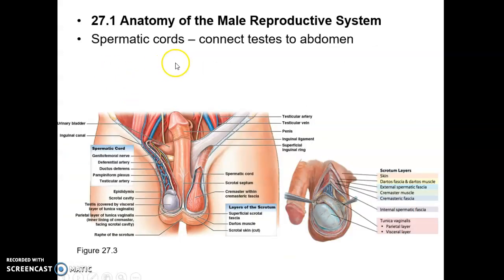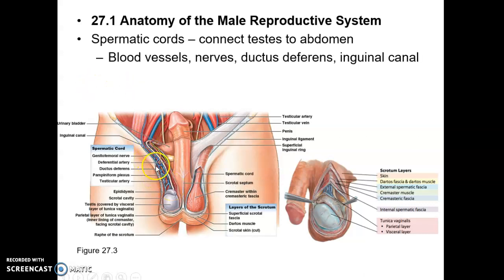The spermatic cords connect the testes to the abdominal area, and the spermatic cords have blood vessels, nerves, the ductus deferens or the vas deferens, which is part of the duct system in the male, and they exit via the inguinal canal.